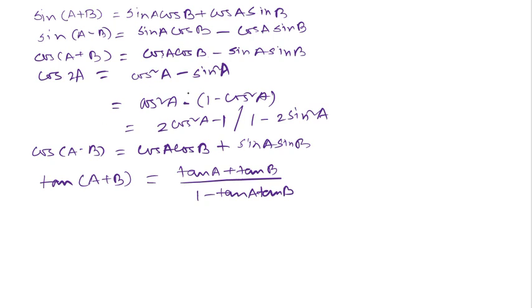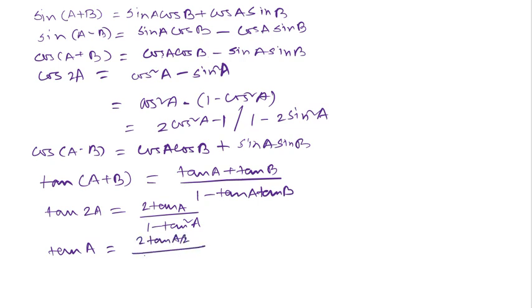So from this we can easily derive this formula, tan A plus tan B over 1 minus tan A tan B. And you can replace, correct, tan 2A is nothing but 2 tan A over 1 minus tan² A. And in terms of tan A by 2, it becomes 2 tan(A/2) over 1 plus tan²(A/2).